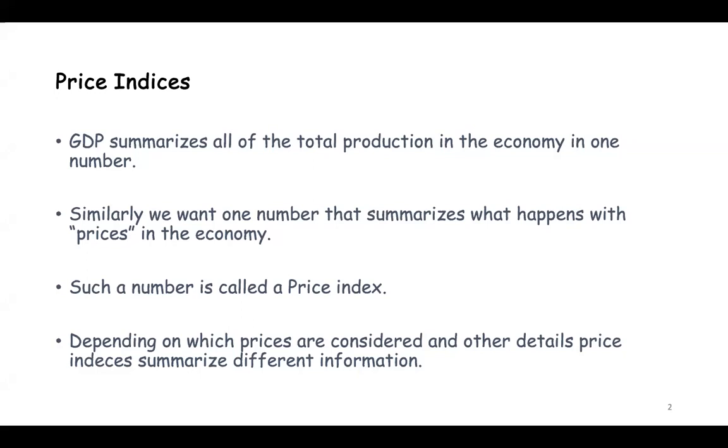Last week, we focused on summarizing the size of the economy in terms of production. We talked about gross domestic product, which summarizes in one number how much the economy is producing.